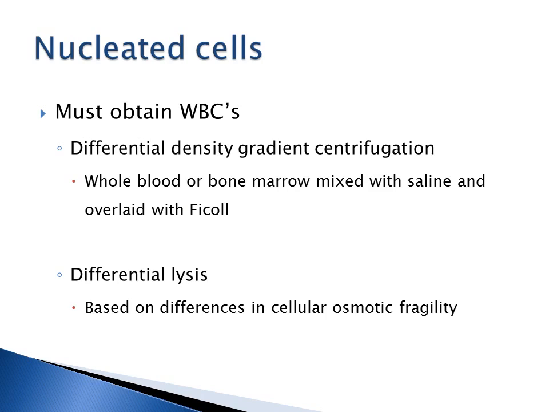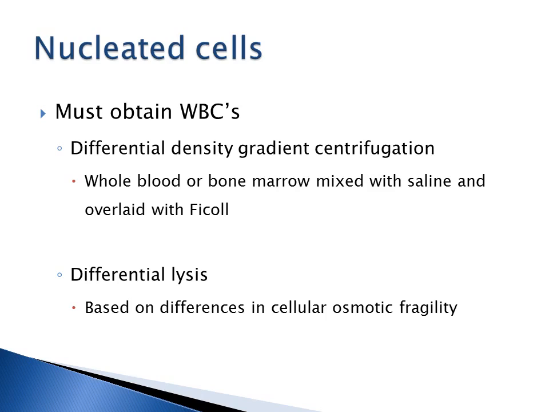Your nucleated cells. If it's a blood specimen, which is going to be a common specimen for nucleic acid extraction, you want to obtain the white blood cells. And in a whole blood specimen, you're going to have a whole mess of red blood cells that don't have a nucleus, hence they do not have any nucleic acid.